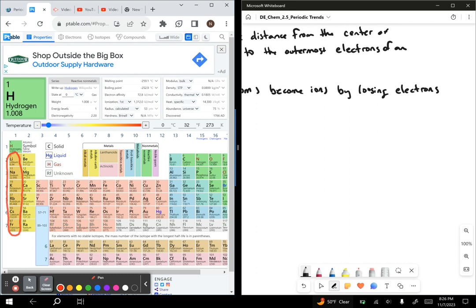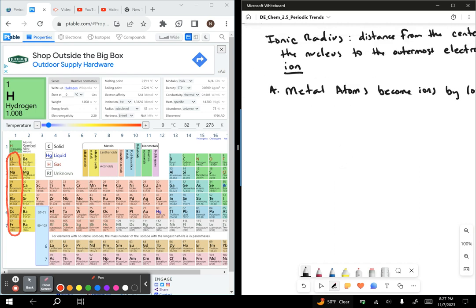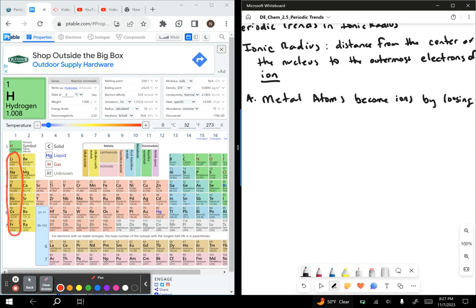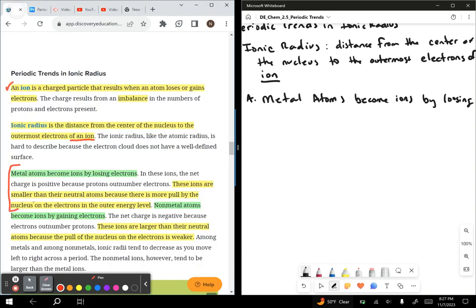In so doing, they'll drop down in energy level and gain a full valence. But in that process of losing their electron, they become a positively charged ion. Metal atoms become ions by losing electrons. These ions are smaller than their neutral atoms because there's more pull by the nucleus on the electrons in the outer energy level.